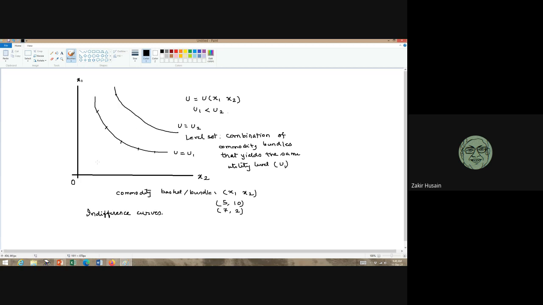And if you want to club together all the different indifference curves, we call it an indifference map. So this is the set of all indifference curves.